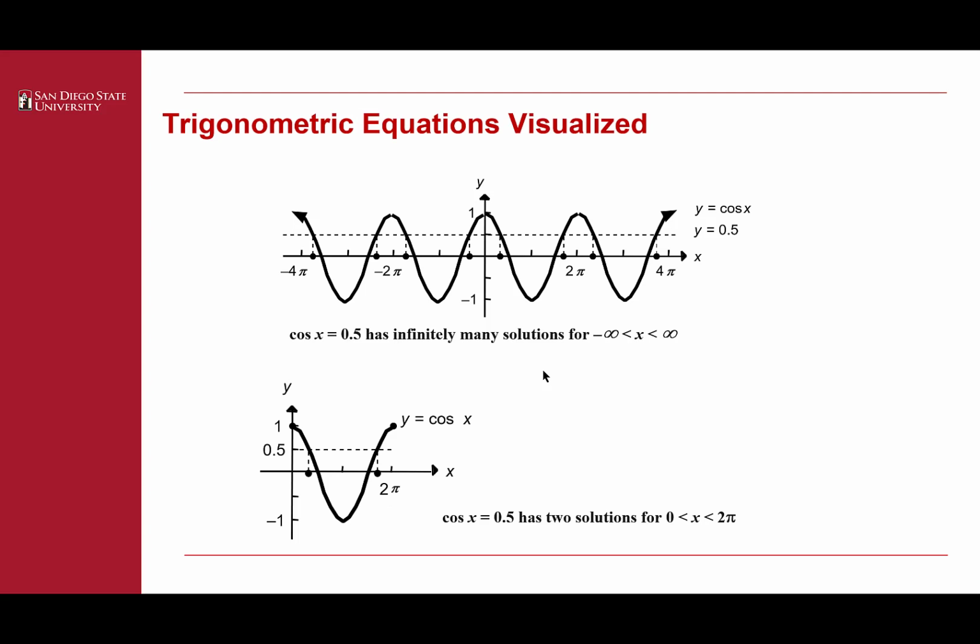Here on the top figure we see two functions. First one is a very simple one, y equals 0.5, so it's a straight line demonstrated with a dashed line on the graph. And the second one is y equals cosinus x. This function represents a sinusoidal or cosinusoidal signal and has a wave-like visualization on the graph.